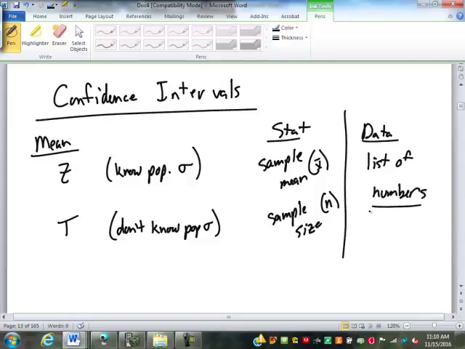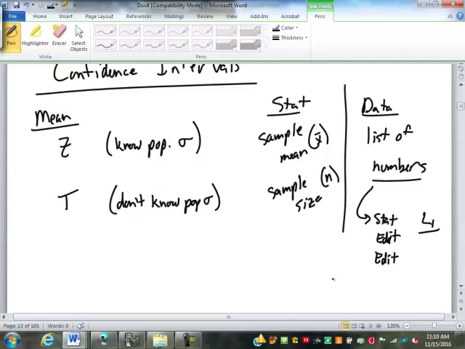So then we have to enter those into our stat, edit, and put it into our list, L1. We put all those numbers in there.